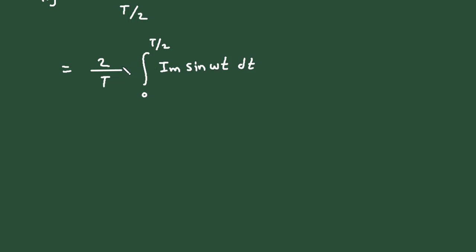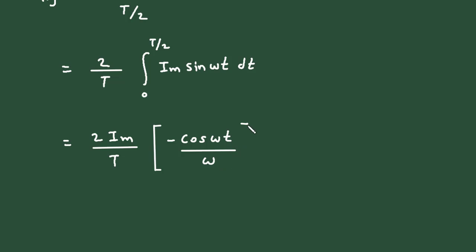Now this Im is constant, so we get 2 Im divided by T. Now the integration of sine omega t is minus cos omega t divided by omega, and the limit will be from 0 to T by 2.